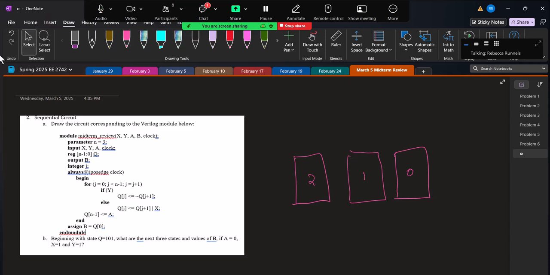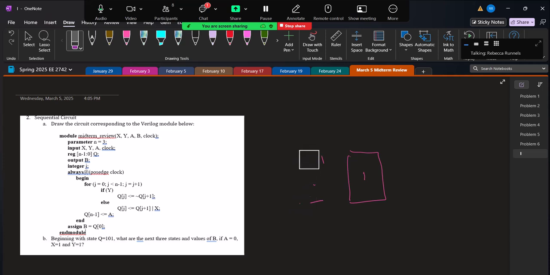Oftentimes, not always, with these flip-flops we are going to have a multiplexer associated with them. And when you see an if statement inside the for loop, you probably are going to have a multiplexer. I'm not going to guarantee that you will, but you probably will.